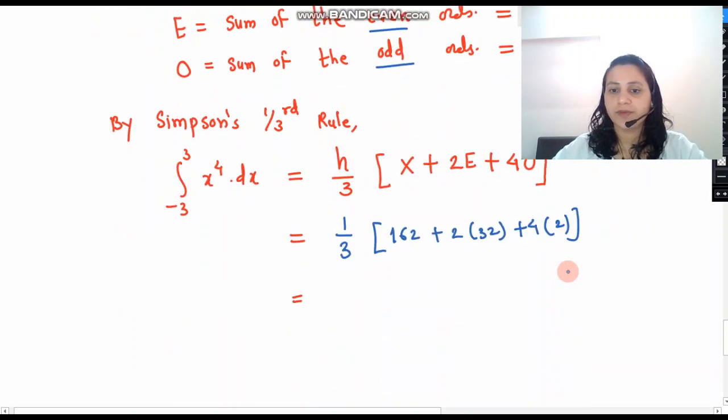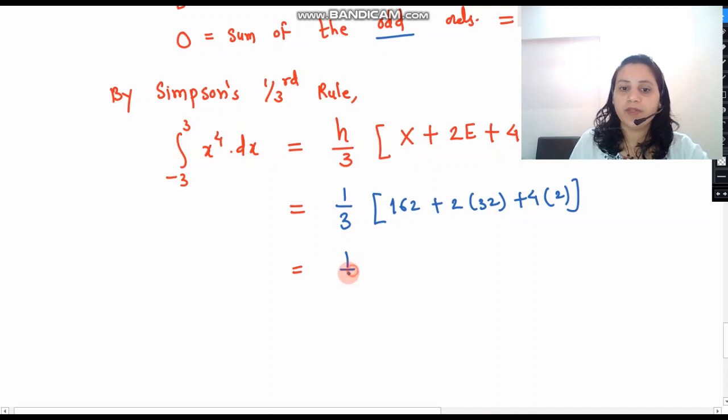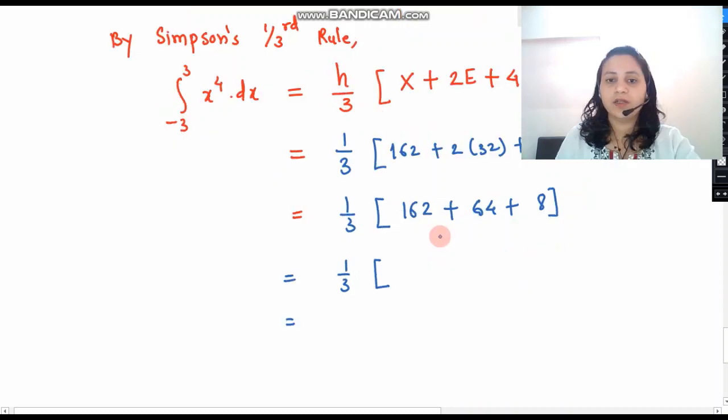Let me check. Okay, so 1 by 3 as it is, 162 plus 64 plus 8. So let's add all the values. So 8, 4, 2, that means 14, 1. So 2, 34, and the last answer is 78, right?